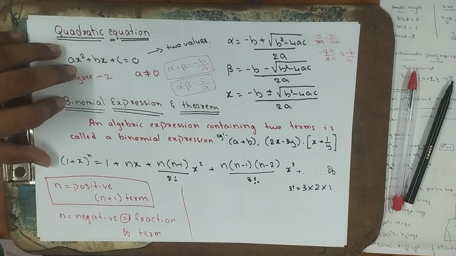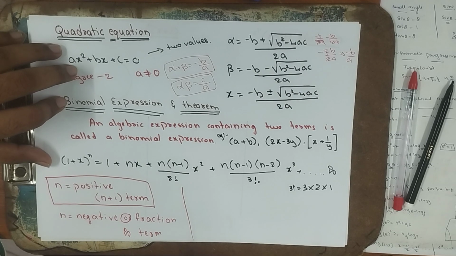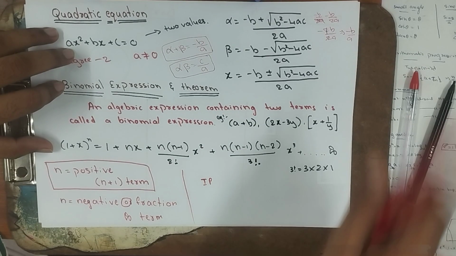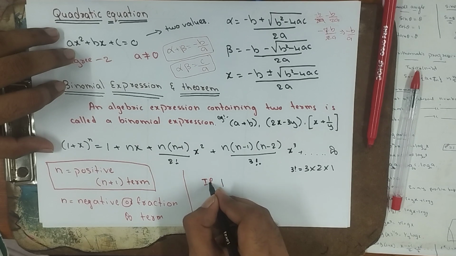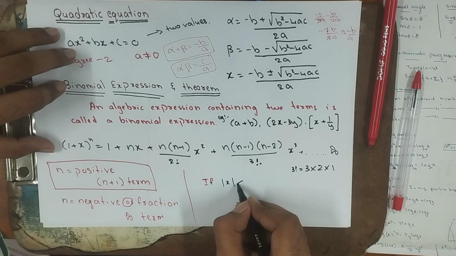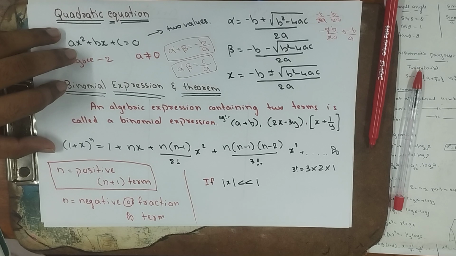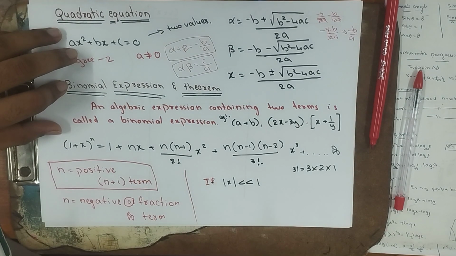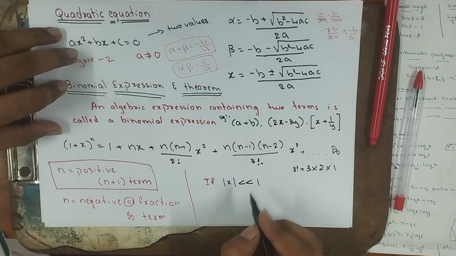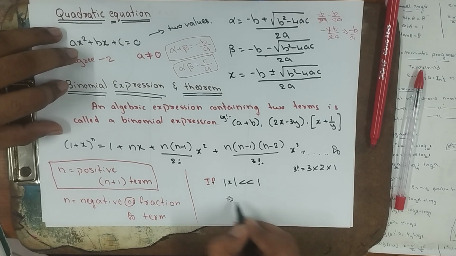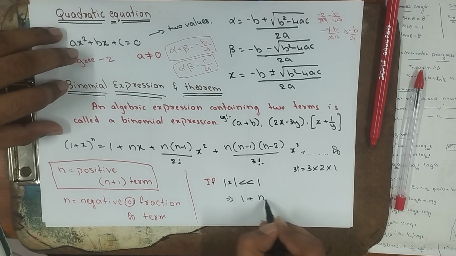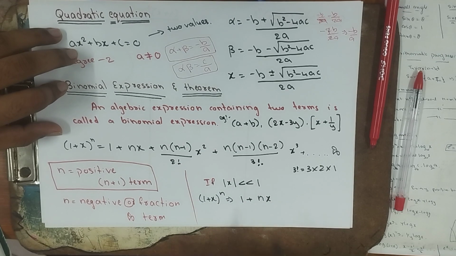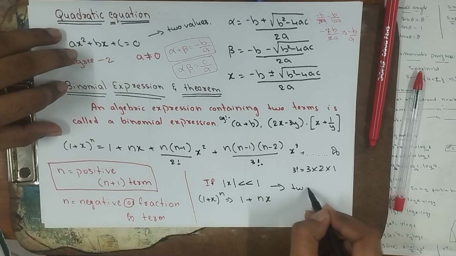This kind of condition is very important to solve problems very easily. Now the last and important thing: if x is very much less than 1, see here carefully, if this becomes very small compared to 1, then we only see two terms, 1 plus n x, that's all. Only two terms.